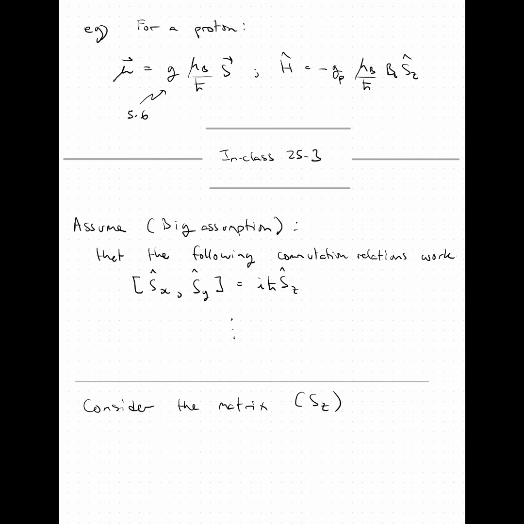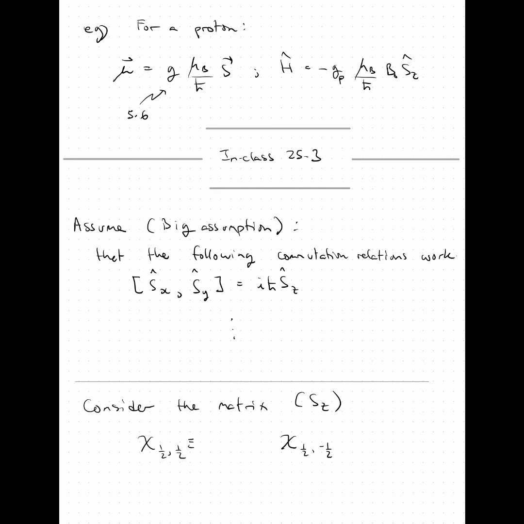The eigenstates that are linked to the matrix Sz, recall, are chi sub half, half, where the first index refers to s and the second index refers to m sub s, and also chi half, minus half.